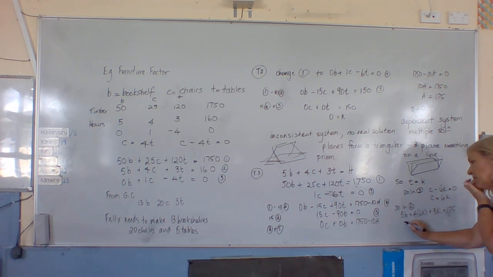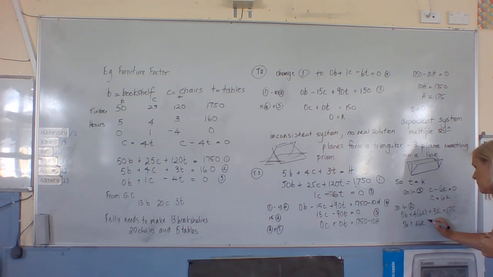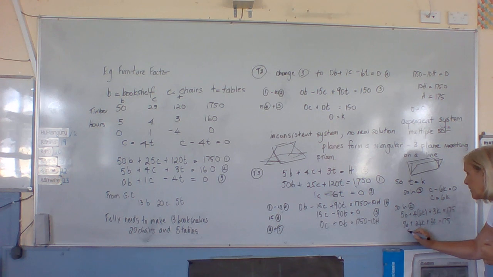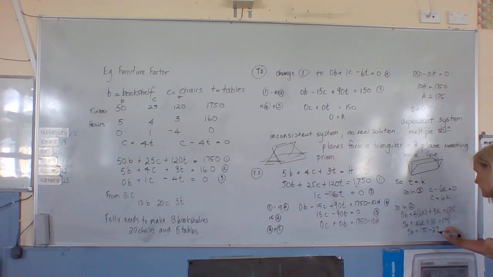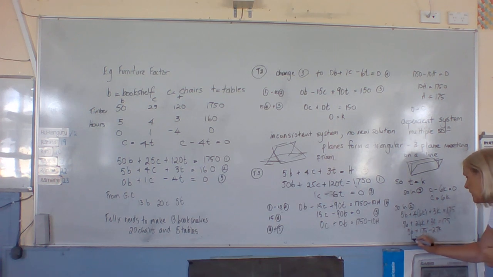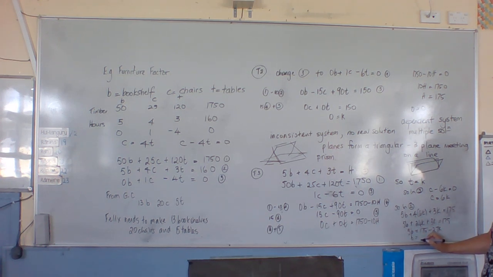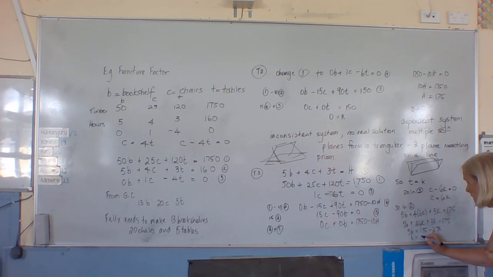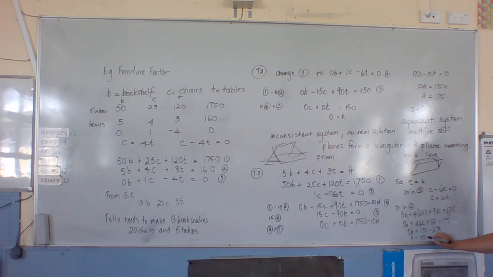So we've got 5b plus 24k plus 3k equals 175. So we've got 5b equals 175 minus 27k, or b equals 35 minus 5.4k.